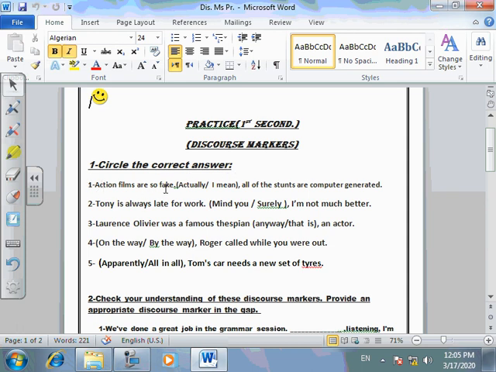Action films are so fake. Actually, or I mean, all the stunts are computer generated. What do you choose from here? Actually, or I mean? Think, because I'll show you the answers after that.